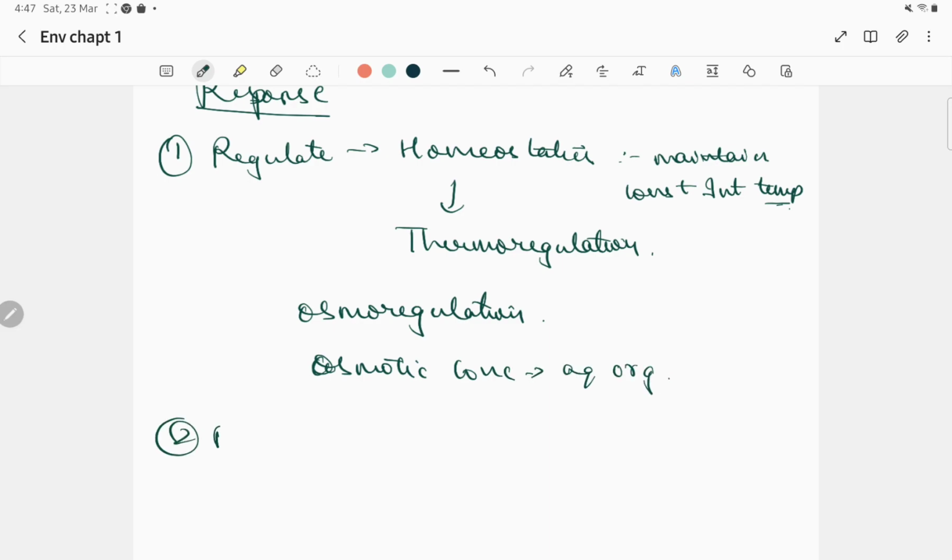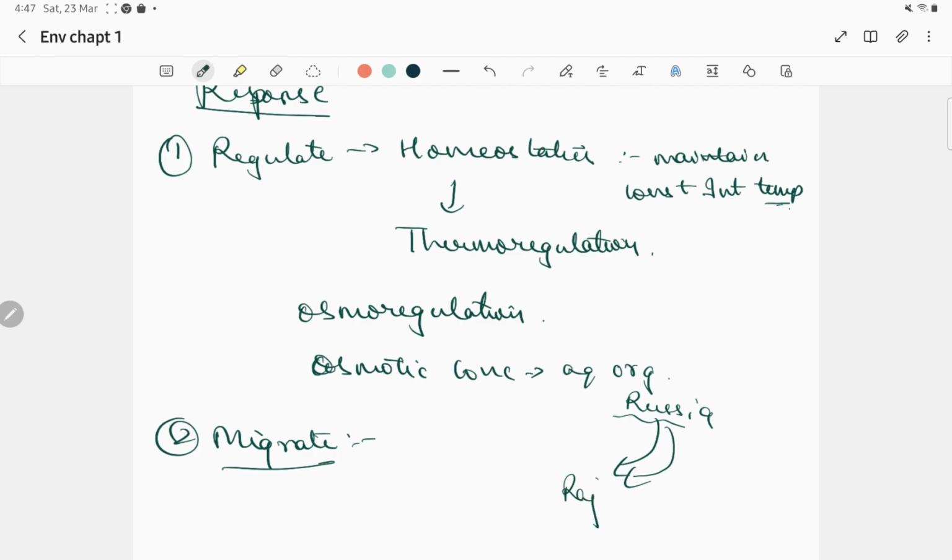And they also try to migrate. We see many birds migrating in Ranganatittu, Karnataka, or in Keoladeo National Park, which hosts many migratory birds from Siberia. Siberia is near Russia, you can tell. From Russia all the way, they come near Rajasthan.